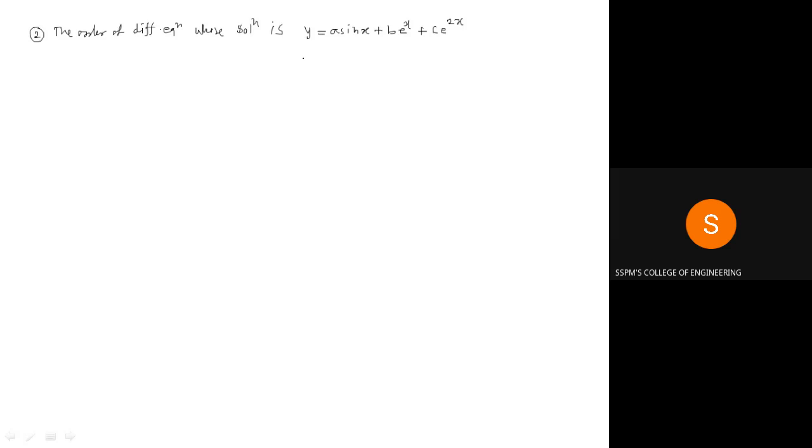That should be kept in mind. So order of differential equation is nothing but the number of arbitrary constants in its solution. As many arbitrary constants as there are in the solution, that is the order. So order is 3.